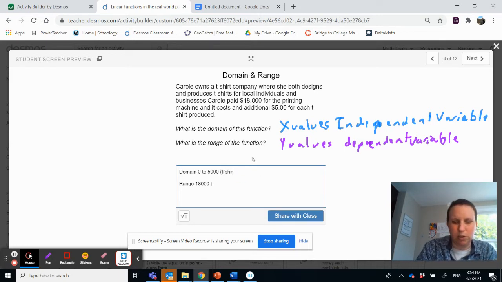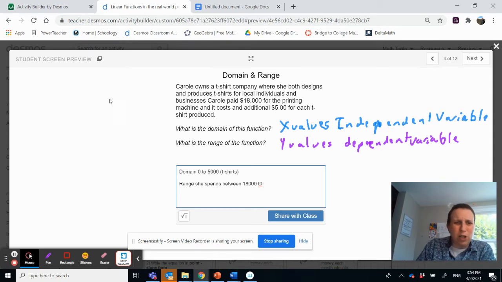Let's say t-shirts. And then we'll put the $ sign here. This is how much she spends. She spends between 18,000 to, and this is the tricky part.